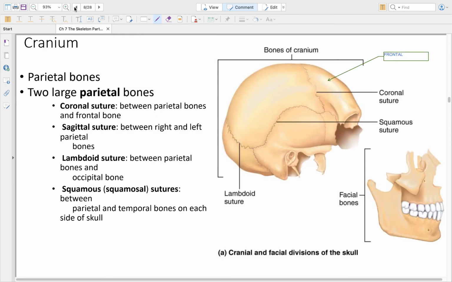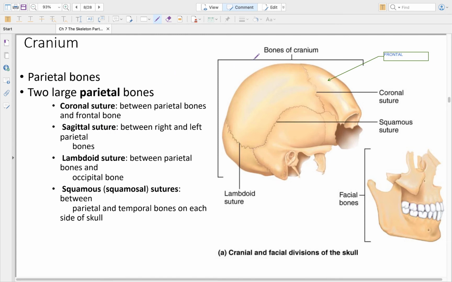Now before we go into any more bones, I want to point out important features here. We have something called sutures, and sutures are exactly what they sound like. They suture or connect two bones, and I want you guys to learn the sutures very well.